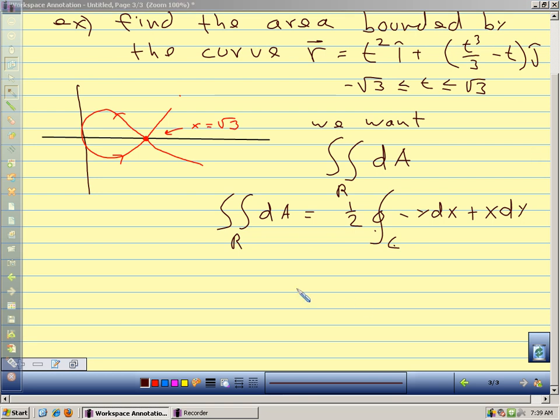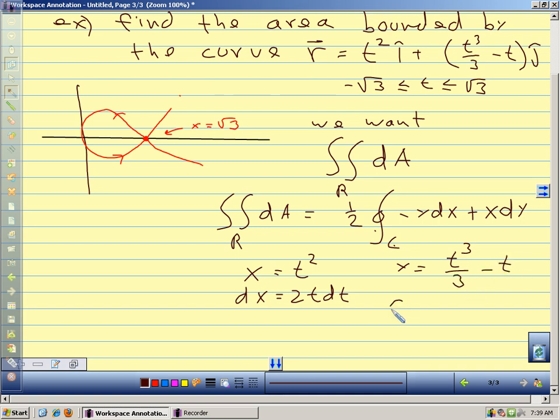On our curve, x equals t squared, so dx equals 2t dt. And y equals t cubed over 3 minus t, so dy is (t squared minus 1) dt.